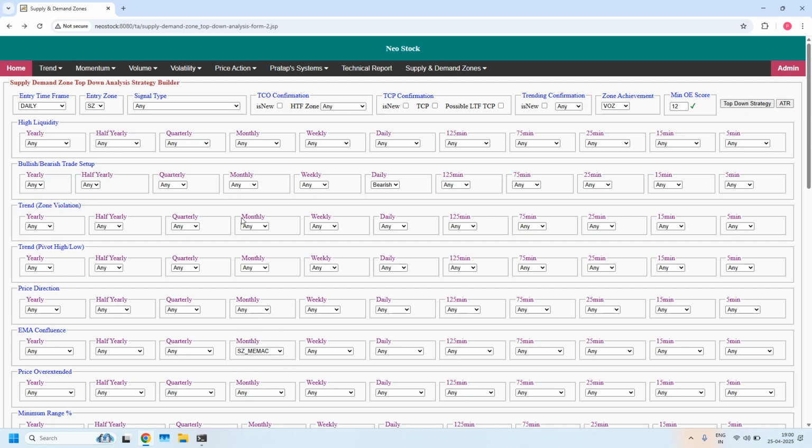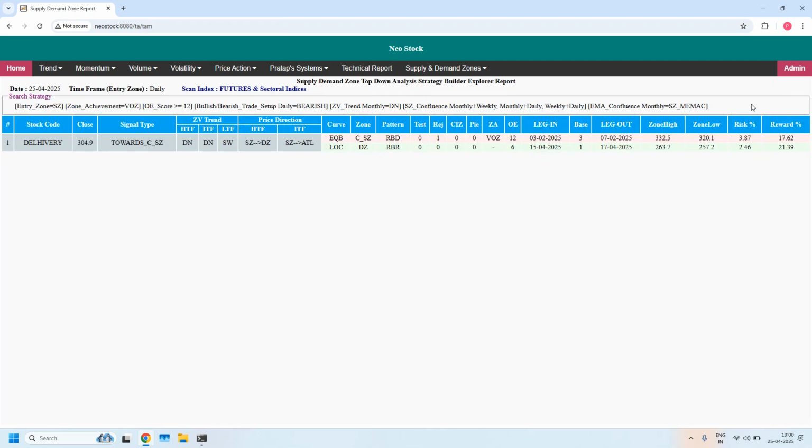At the same time, the trend on the monthly should not be sideways. It should be downtrend because it is a bearish trade setup. So let's filter. That one stock is filtered. So that means this daily supply zone has an even higher probability of success. So this is about the bearish trade setup for monthly income trade.